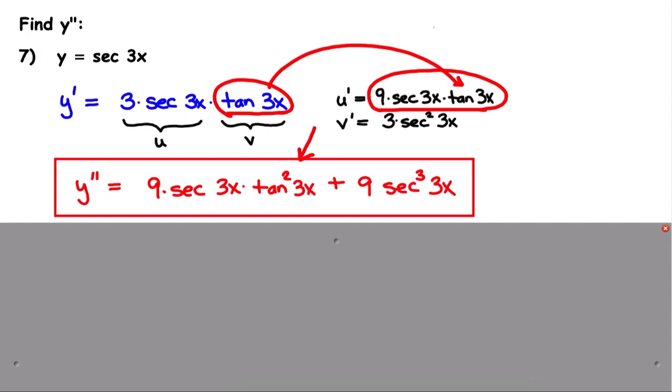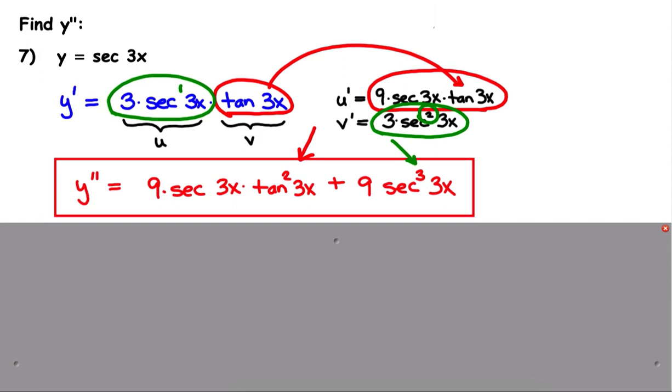Okay, uv prime will be the two things that I circled in green. Obviously, 3 times 3 is the lead-off 9 coefficient. And then it's secant cubed because this is first power, this is squared, so that's what gives you the third power. All right, so I get that answer for the second derivative, and I feel pretty good about it.